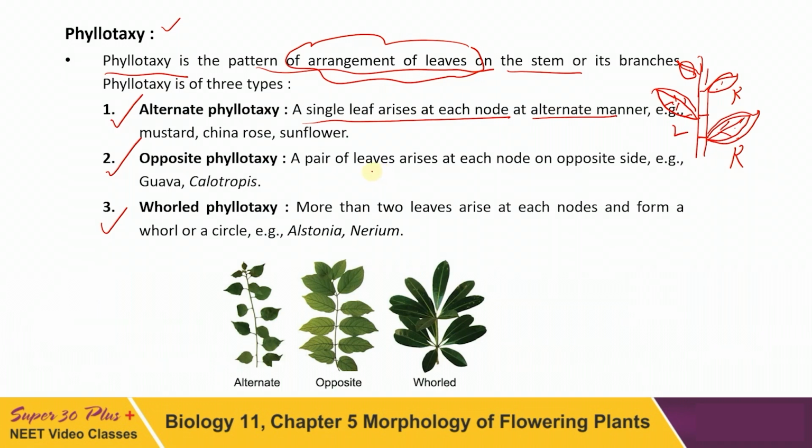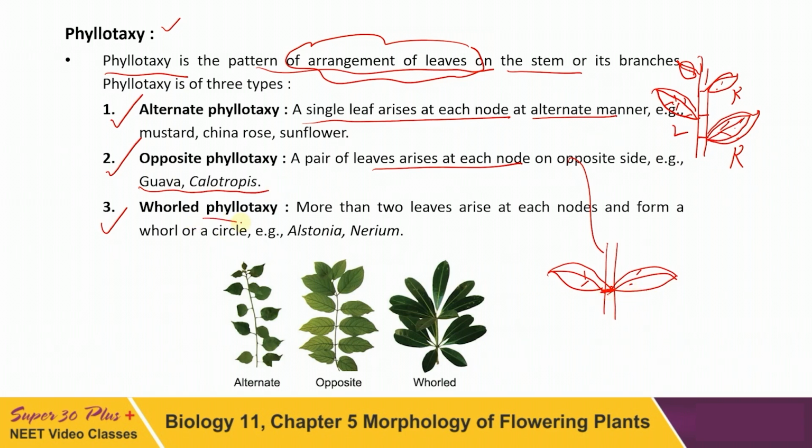Opposite, a pair of leaves arises at each node. A pair of leaves, it may be like this. This is the node. A pair of leaves on this side, like this. Right? This is known as opposite phyllotaxy, as in the case of Calotropis and guava. That is, two leaves on one node.